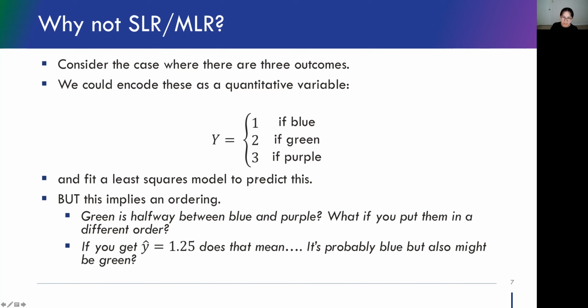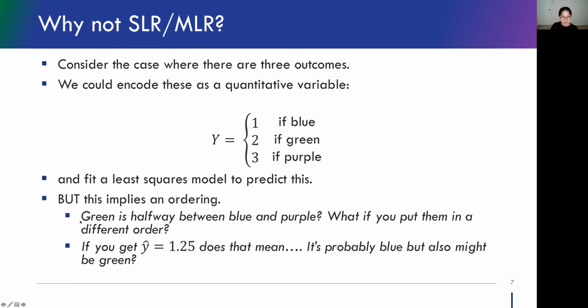But your 1, 2, and 3 is implying an ordering, but actually for blue, green, and purple, there's no order. Even if you put them into numbers, they seem no longer qualitative variables, but this ordering does not make much sense for this color category.